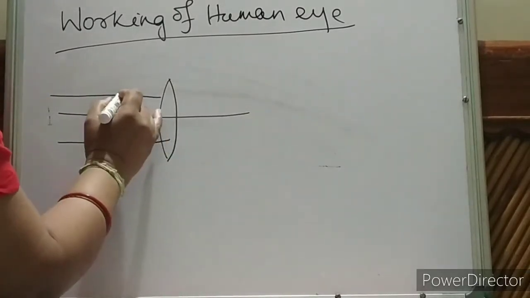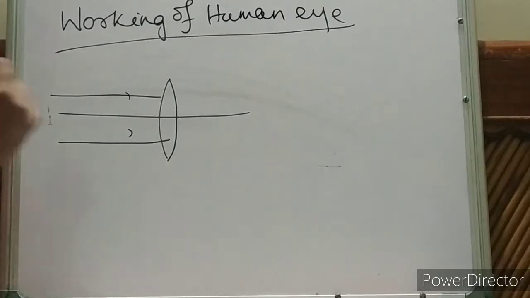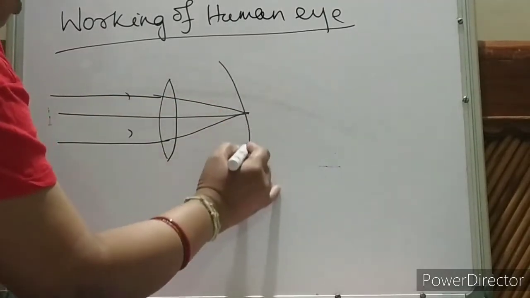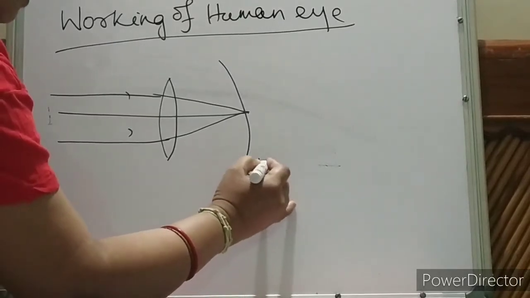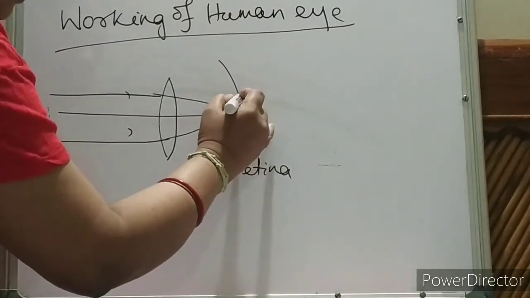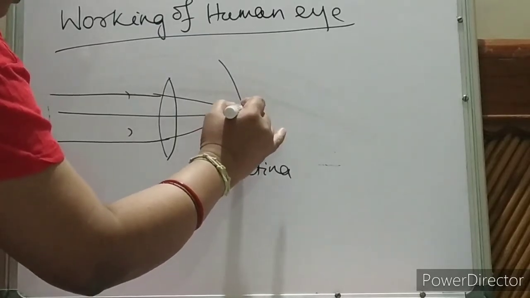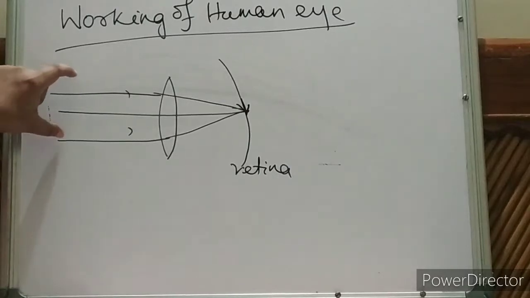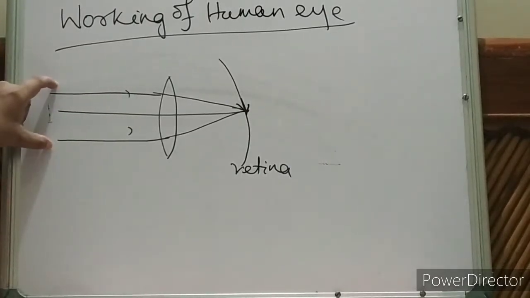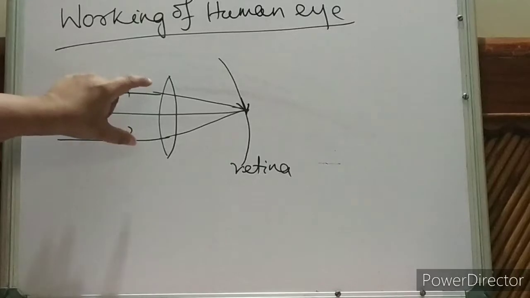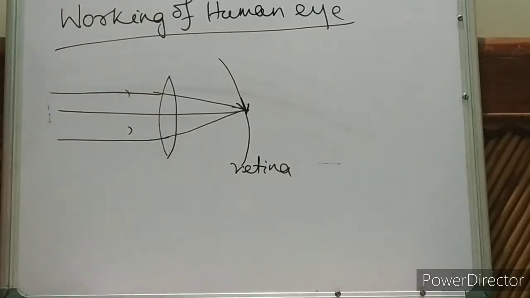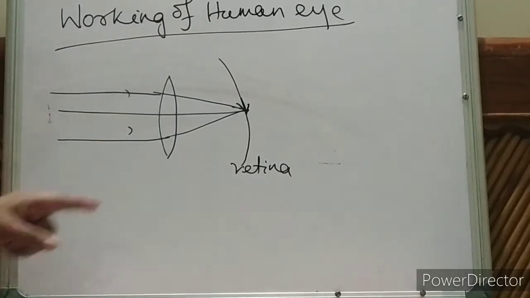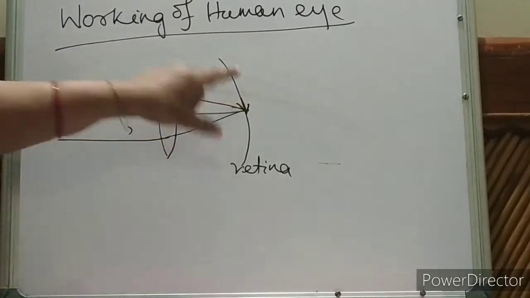This is your parallel rays. And this is your retina. And here you will get a small inverted image. So the parallel rays from distant objects enter the eye through this cornea and lens and form a real inverted image on retina.